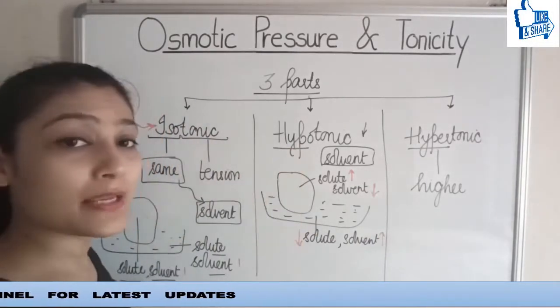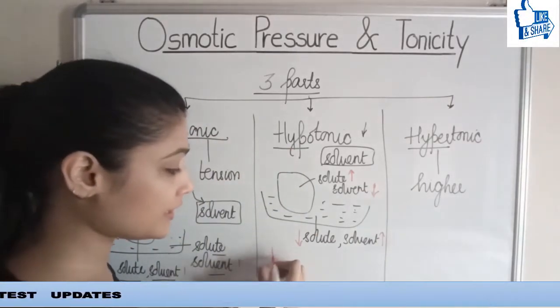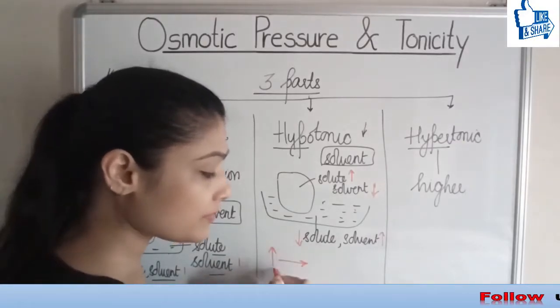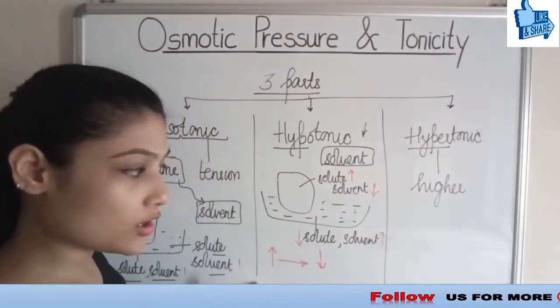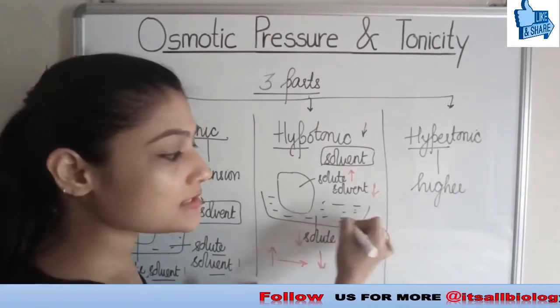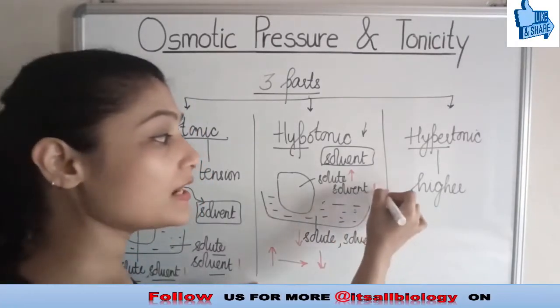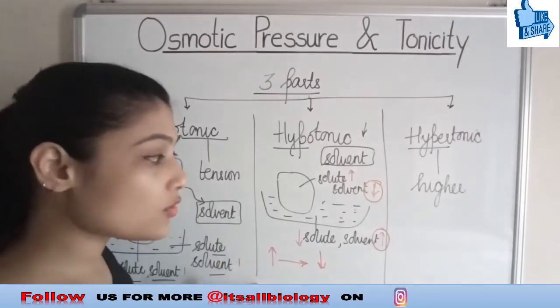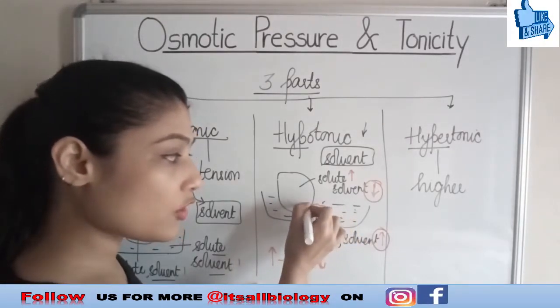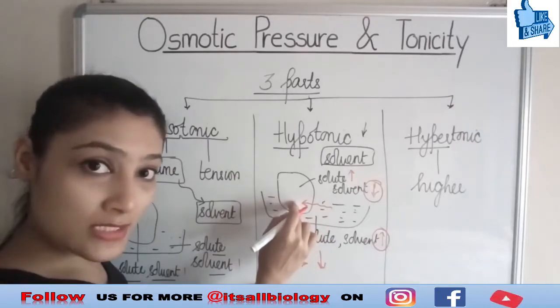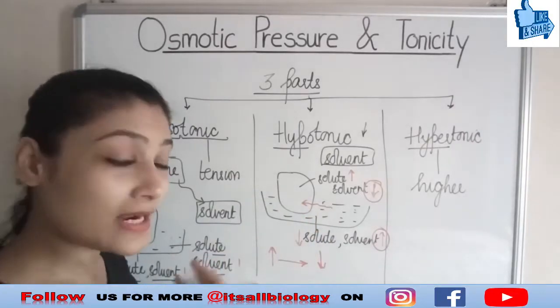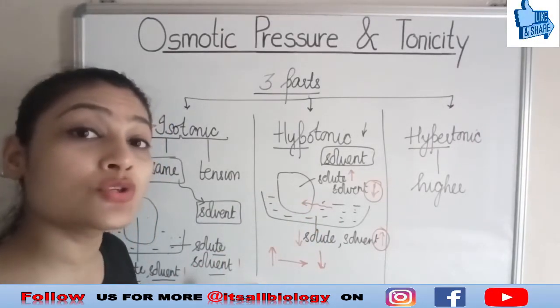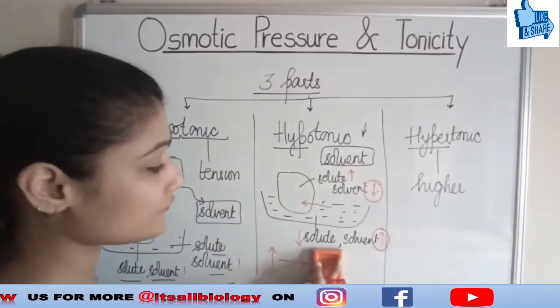Now, in a hypotonic situation, again movement is going to be from higher to lower region of solvent. So, higher region is outside of the cell and lower region is inside of the cell. So, movement is going to be from outside to inside. That means the cell is now going to increase in volume.